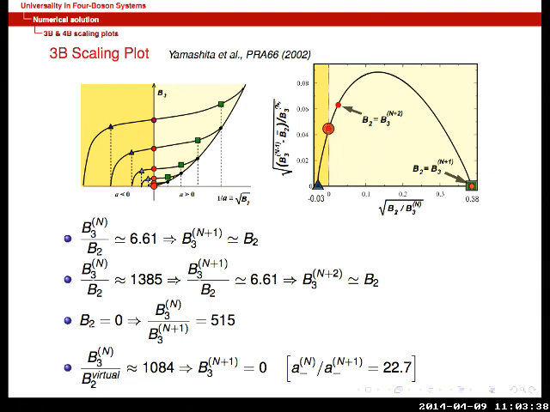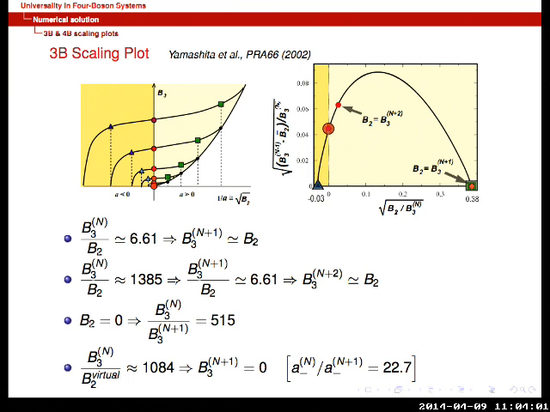So it means that if we have here, this is the point at the ratio 0.03, which corresponds to B3(n) over B2 virtual of 1084. It means that the next trimer disappears.